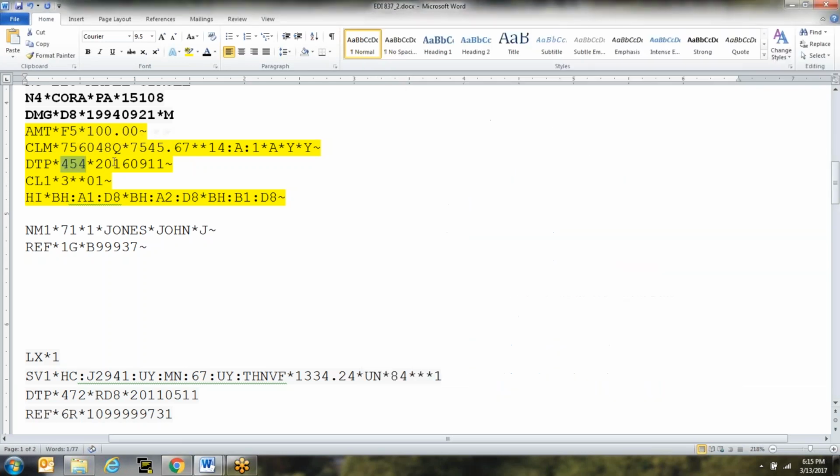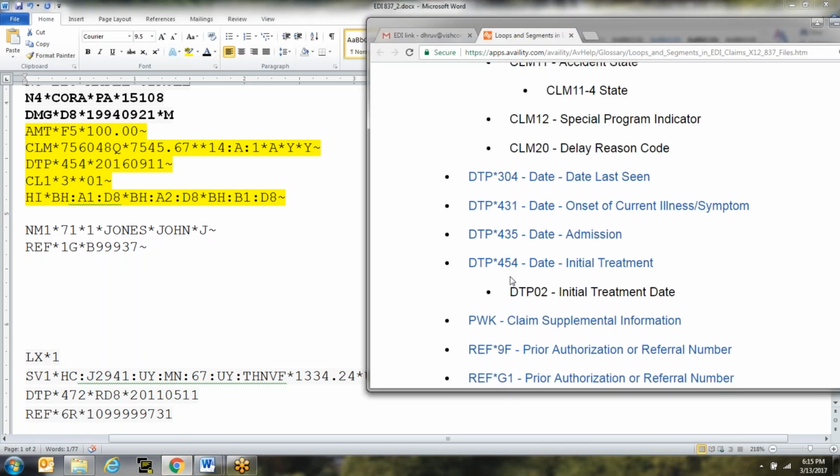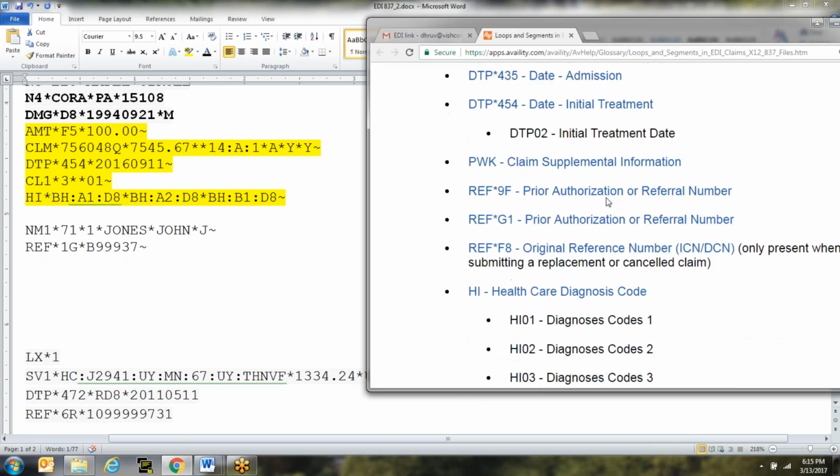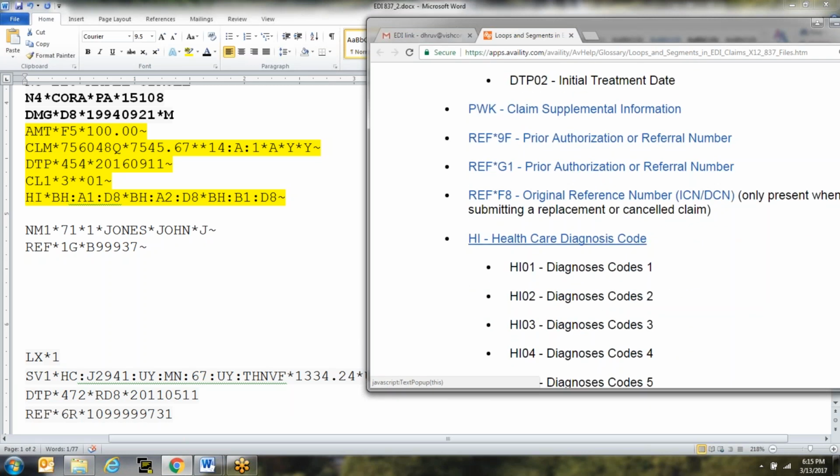This is 01 and this is 02. This is 2016 9/11. So September 11, 2016 was the date when this initial treatment was given. All these REF, 9G, all this information is not there. That means it's optional. That's it.